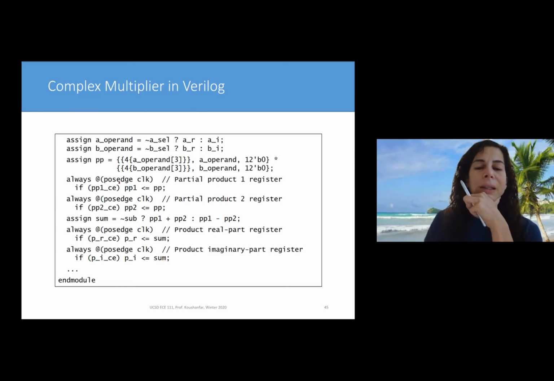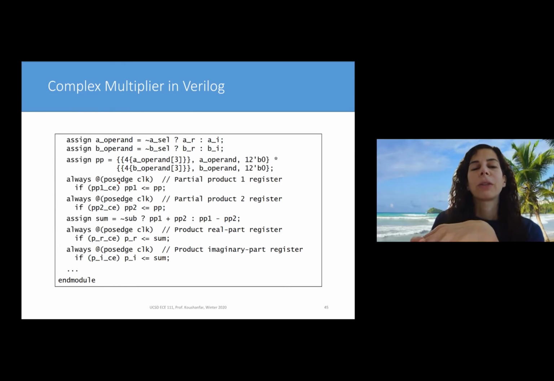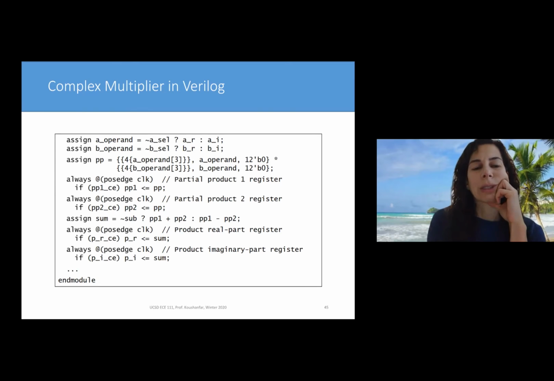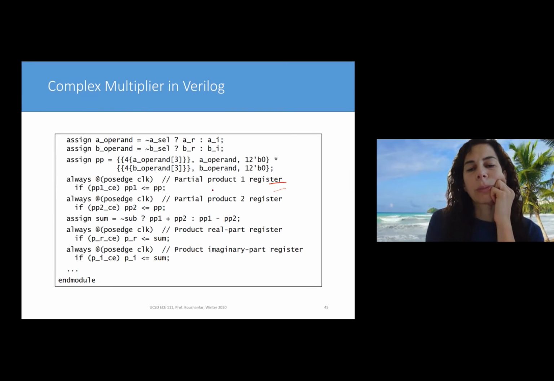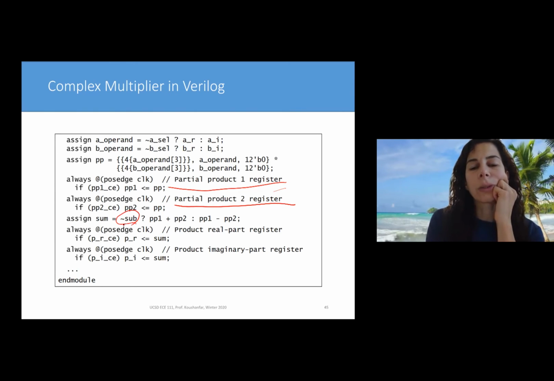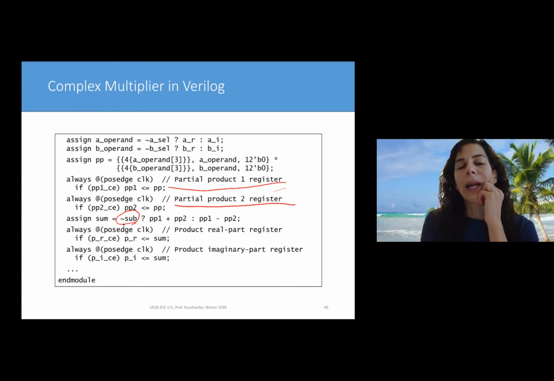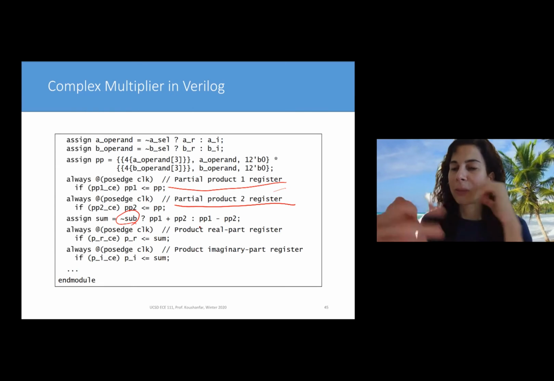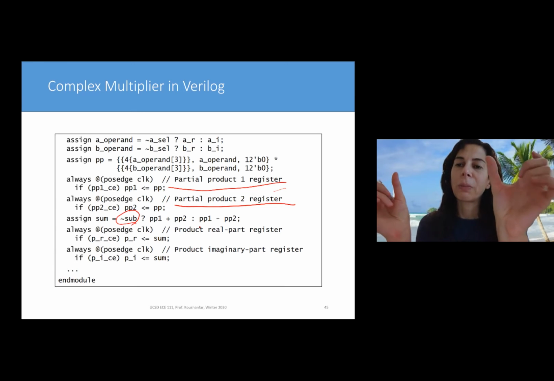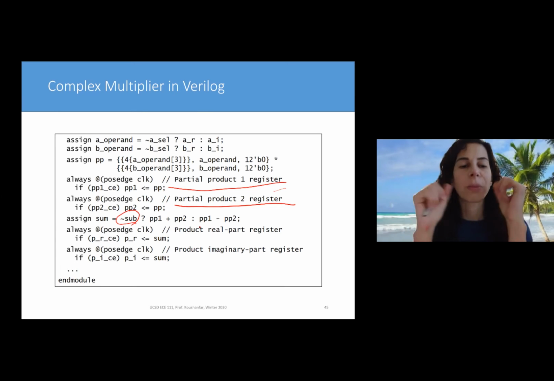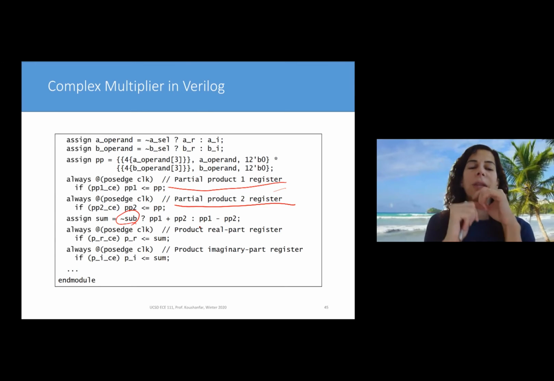And then if we have the second clock, we're going to do the second partial product, and then depending on the sign, we are going to either add these two partial products or subtract these two partial products, depending on if we are on the real part of the computation or the imaginary part of the computation.